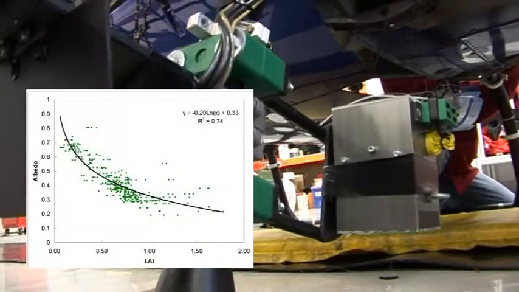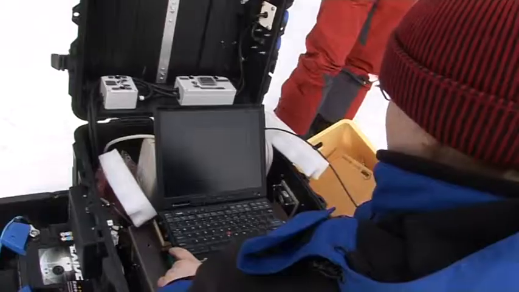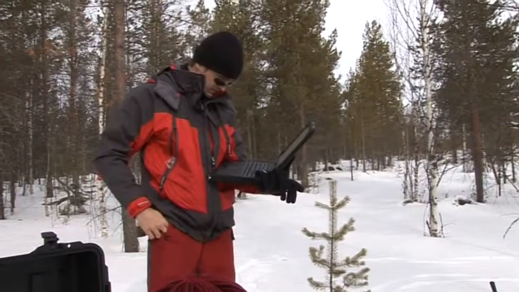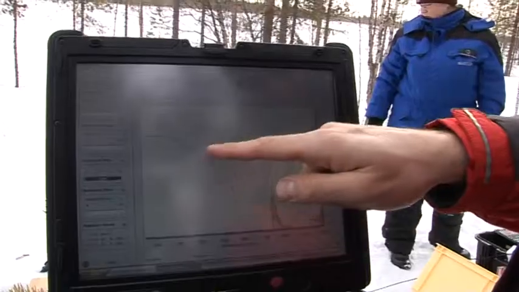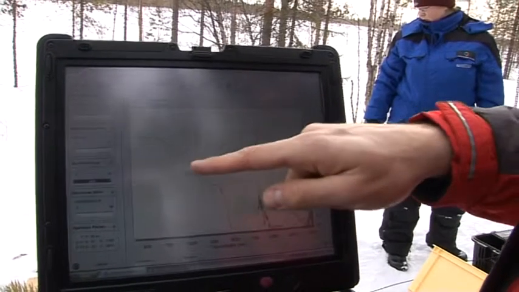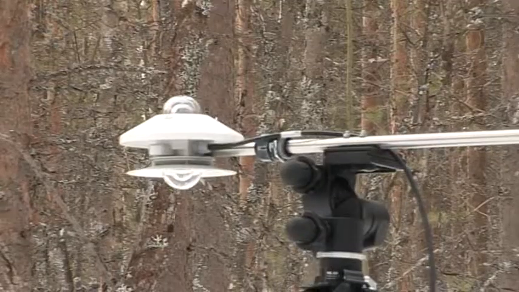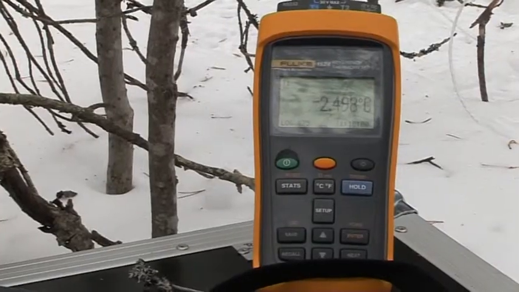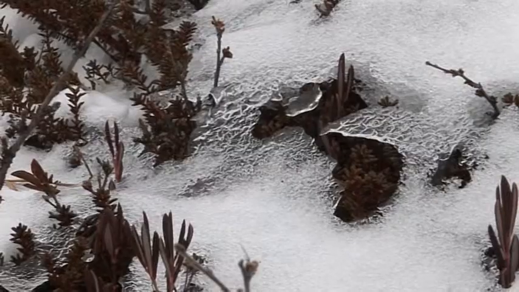Then we have ground-based measurements. We measure the depth, density and snow water equivalent of the snowpack to get coarse resolution, very basic information of the snow properties. But since the albedo is very much related to the surface structure and surface properties, we also have dedicated measurements to characterize the surface in more detail.